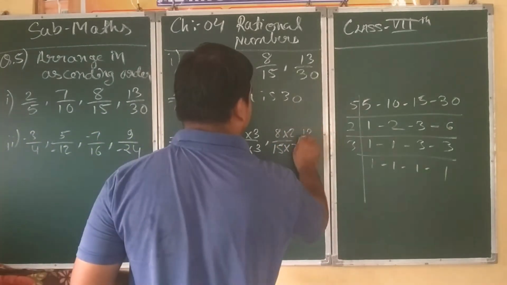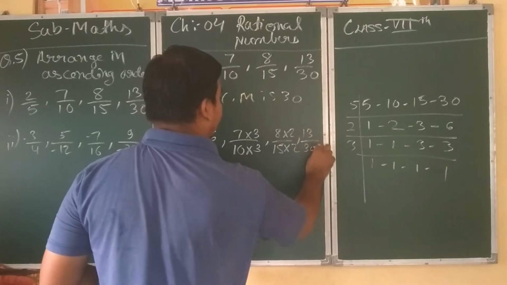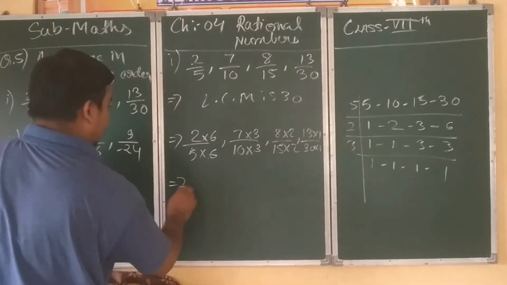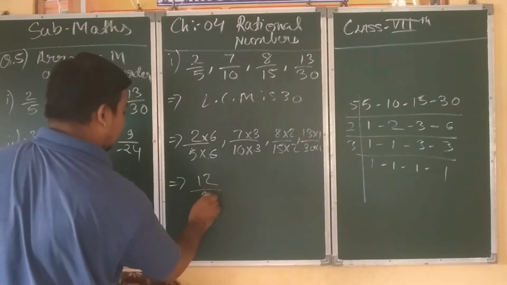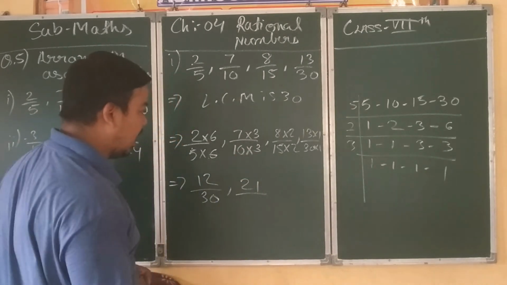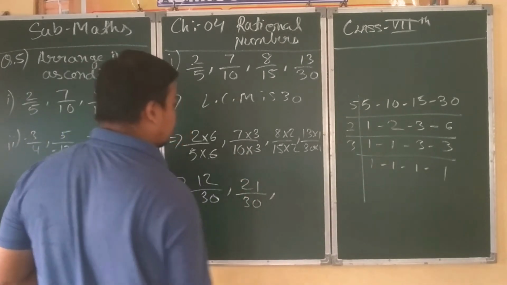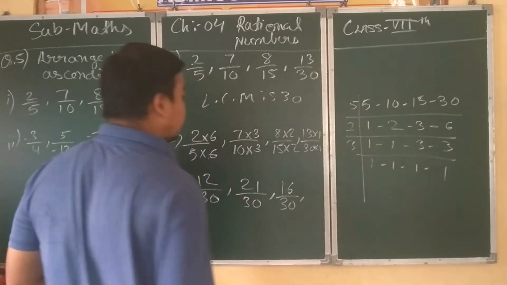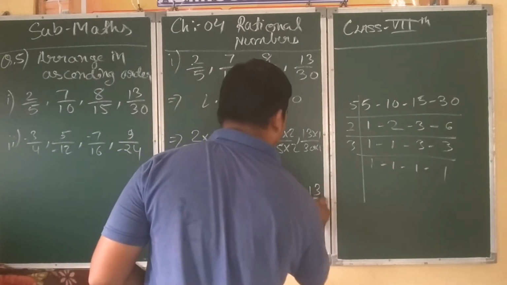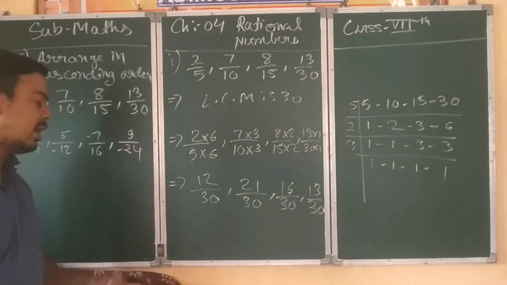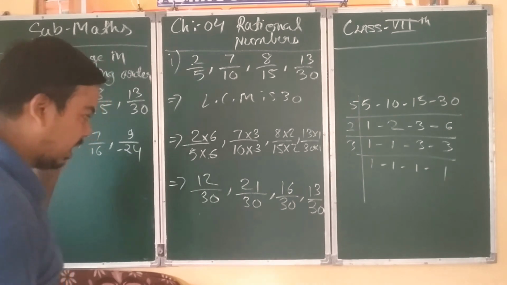Then 13 by 30 is multiplied by 1 because its denominator is already 30. Then 2 sixes are 12, 7 threes are 21, 8 twos are 16. So now 12 by 30, 21 by 30, 16 by 30, 13 by 30.